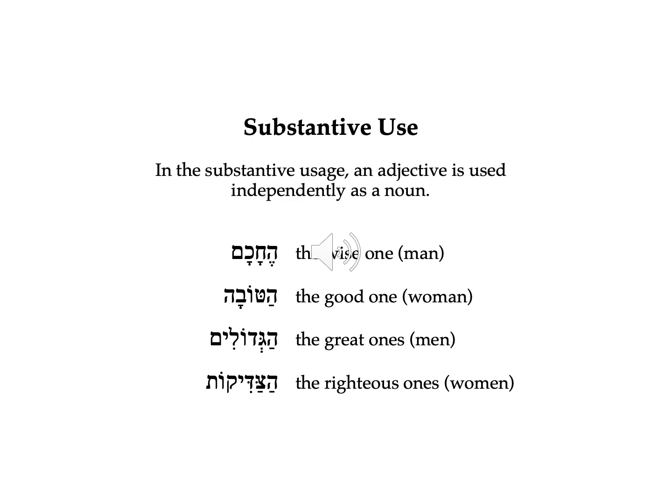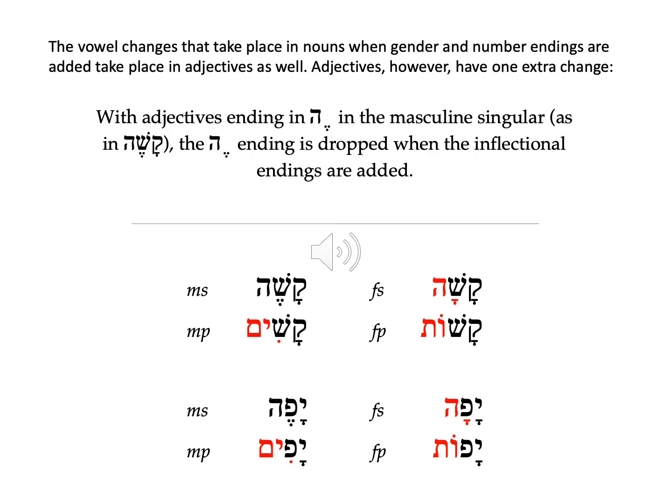When you look at it, it simply looks like holy. Sometimes there may even be a definite article on the front, hakadoshim, which is helpful, the holy, and since it's masculine plural, we know that it means the holy men, or the holy ones. This is the substantival use because the adjective is serving as both the adjective and the noun together in a single word.